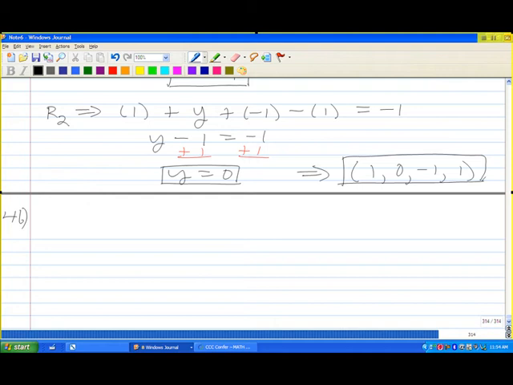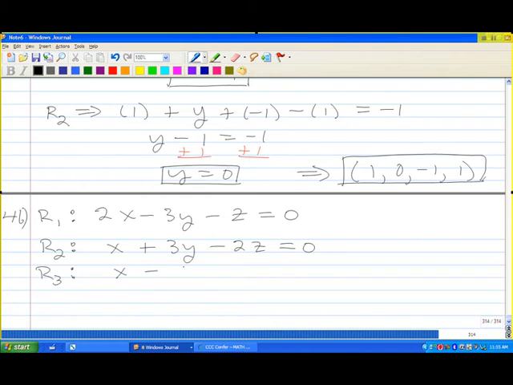So let me do, let's say, problem number 46, R1. 2x minus 3y minus z equals 0. R2, x plus 3y minus 2z equals 0. R3, x minus 3y equals 0.